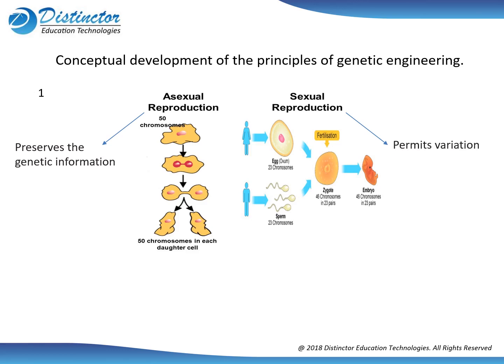So they identified that variation happens in sexual reproduction only. If we alter a chromosome or DNA, we can also permit a variation. This gave them the idea of the principles of genetic engineering.